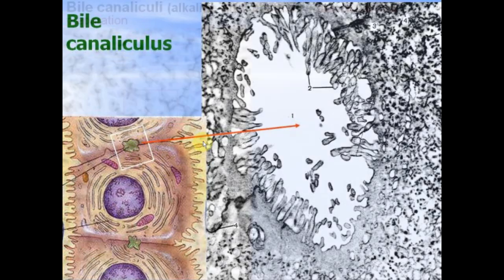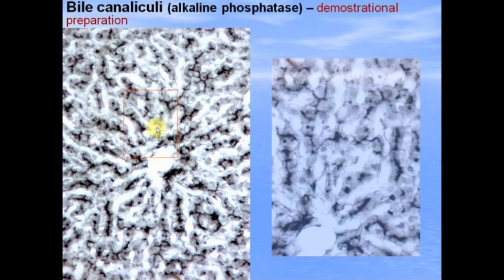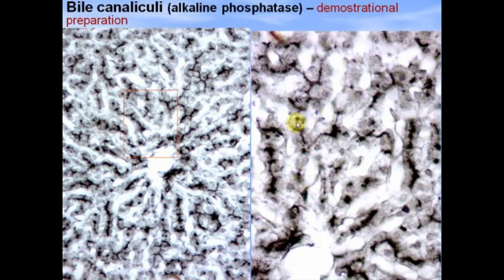This is a histochemical preparation stained for alkaline phosphatase determination. You can see the bile canaliculi inside liver trabeculae. It's because the biliary poles of hepatocytes possess high activity of this enzyme.